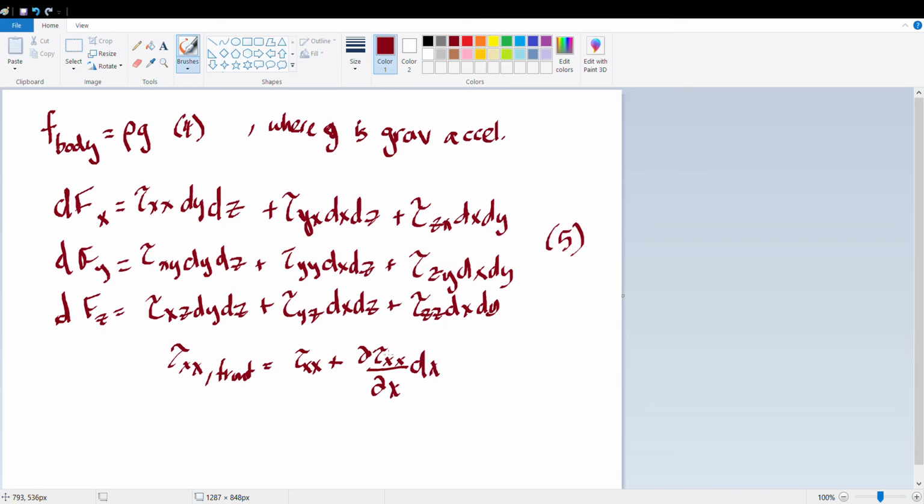This is just a Taylor series. This tells us that across the fluid element, the increase in stress would be this portion using Taylor's series.